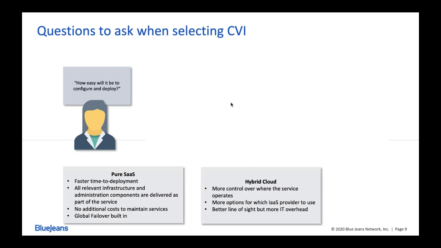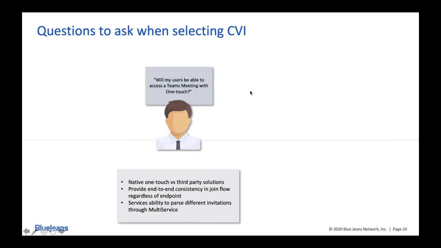But if you have a hybrid world where you have some Poly, some Cisco, some Lifesize, some Dolby, whatever it might be, a lot of those deployments need some element of on-premise, or some element of a hybrid solution where it might be hosted for you, but there's an extra level of complexity when it comes to management and an extra level of costs associated with it.